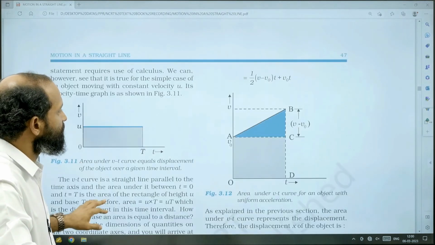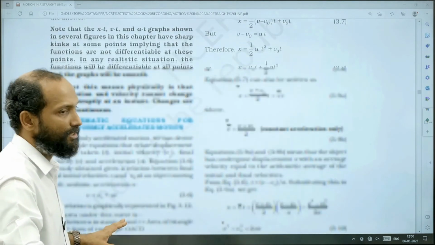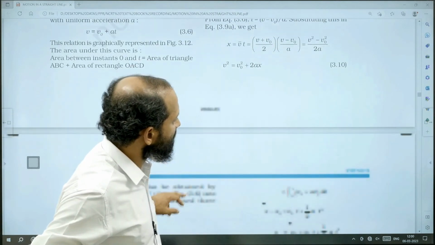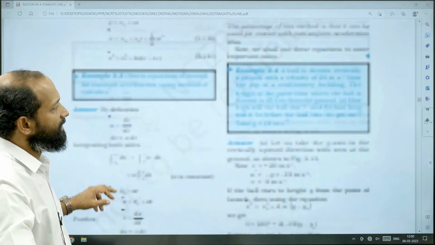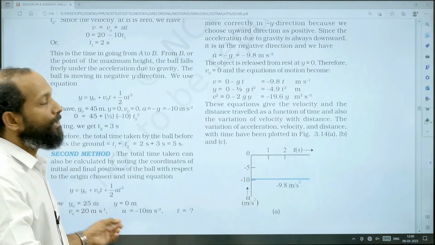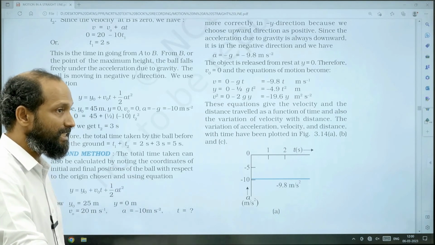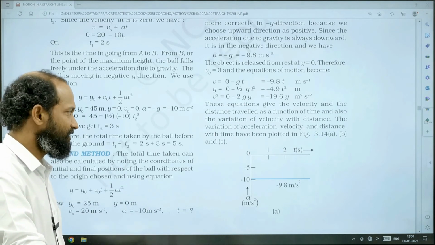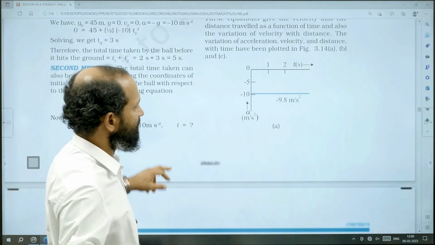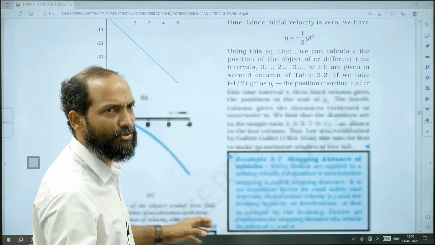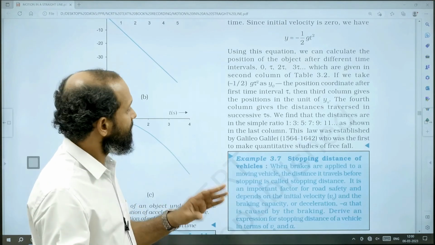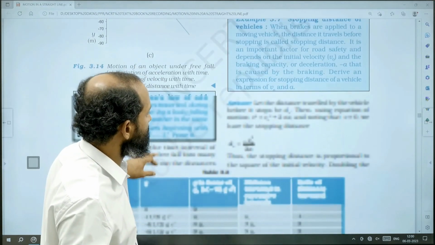Go through the textbook. Based on this textbook only, questions will be asked. Read it thoroughly, repeatedly, and try to answer numericals, statements, matching, paragraph, passage type, and integer type, everything based on the examinations you are going to write.